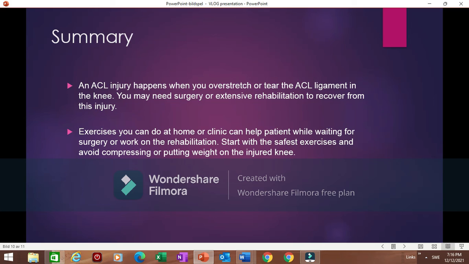And we always have to start with the safest exercises and avoid compression or putting weight on the uninjured knee, as well as avoiding rehab exercises that can cause more damage to the tissue, in order to reach a successful rehab plan.